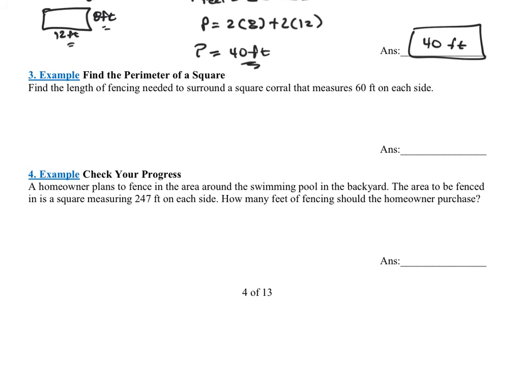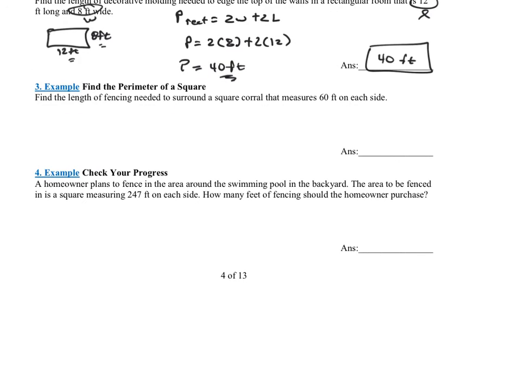It says, find the length of fencing needed to surround a square corral that measures 60 feet on each side. So I'm thinking of a square, I'm thinking all 4 sides are equal. So here I have 60 feet by 60 feet, right? So I can use the perimeter for a rectangle formula. That would work just fine. Or I could use the perimeter of a square. How do you find the perimeter of a square?